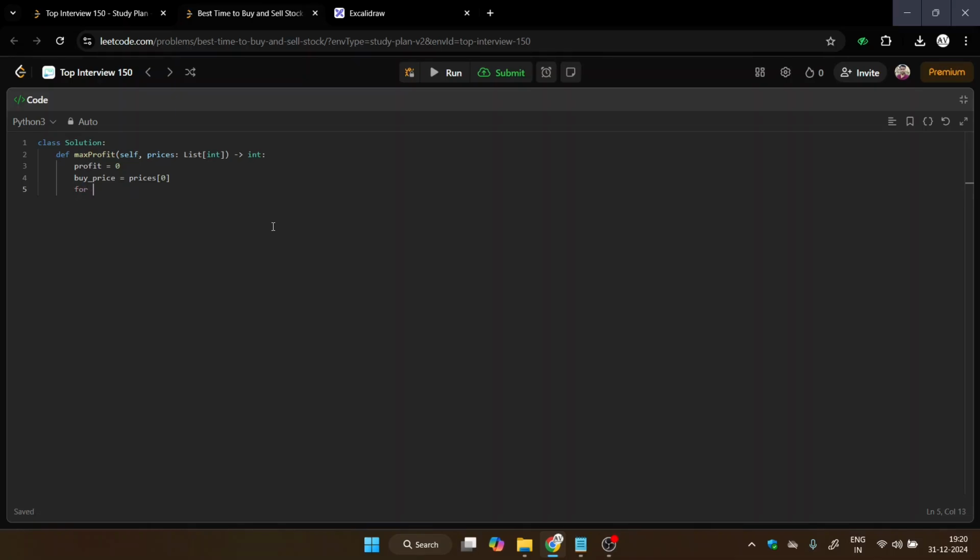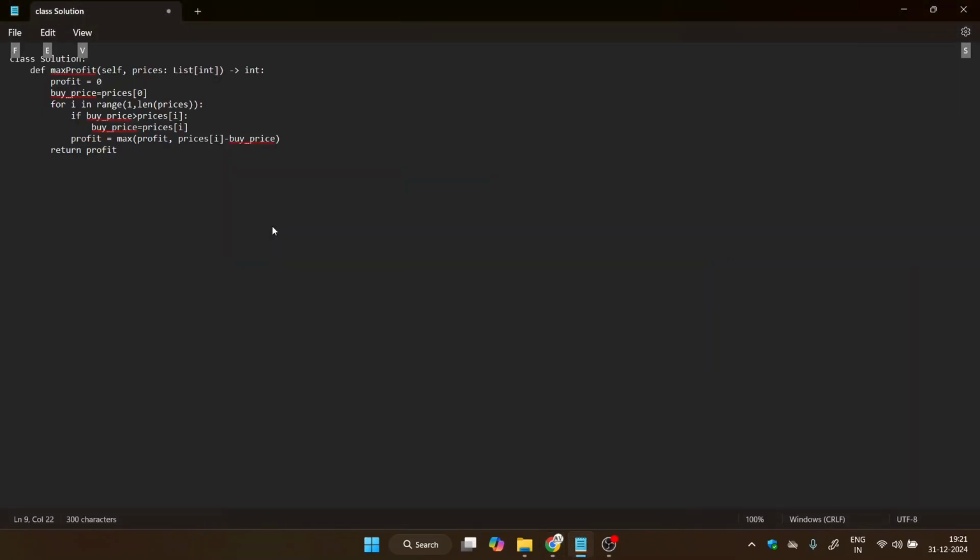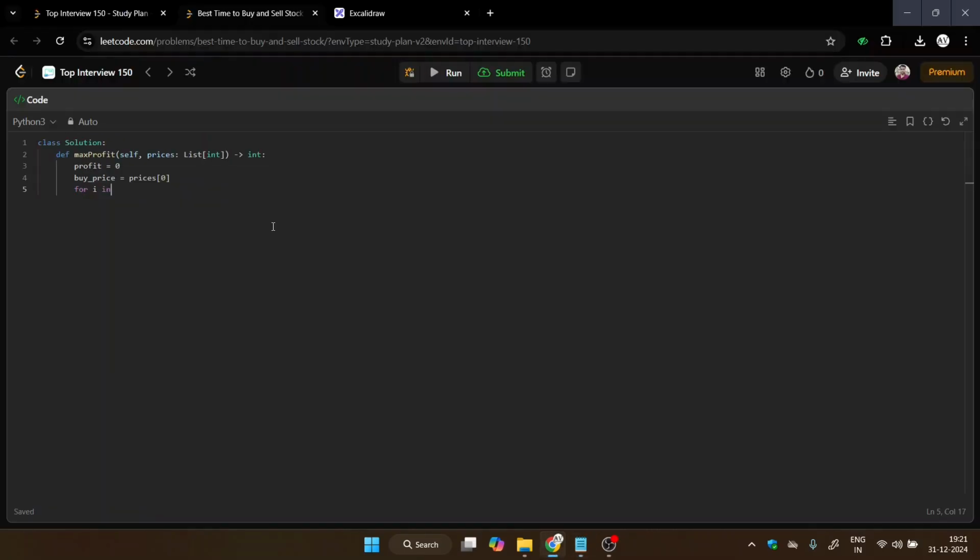Now we will iterate in the range of 1 to length of prices. Okay, so why 1? Because the first day we have already mapped to the buying price.